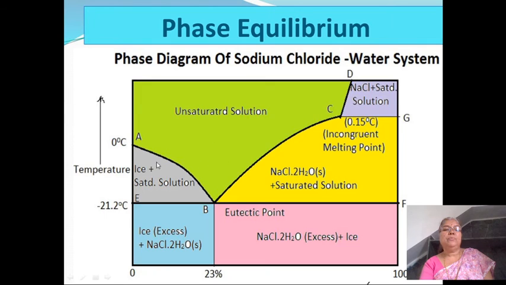Along this curve AB, two phases are in equilibrium, ice and saturated solution of sodium chloride and water. And here again, they have not shown this C point on the axis. Here we have 100% water and here we have 100% salt.